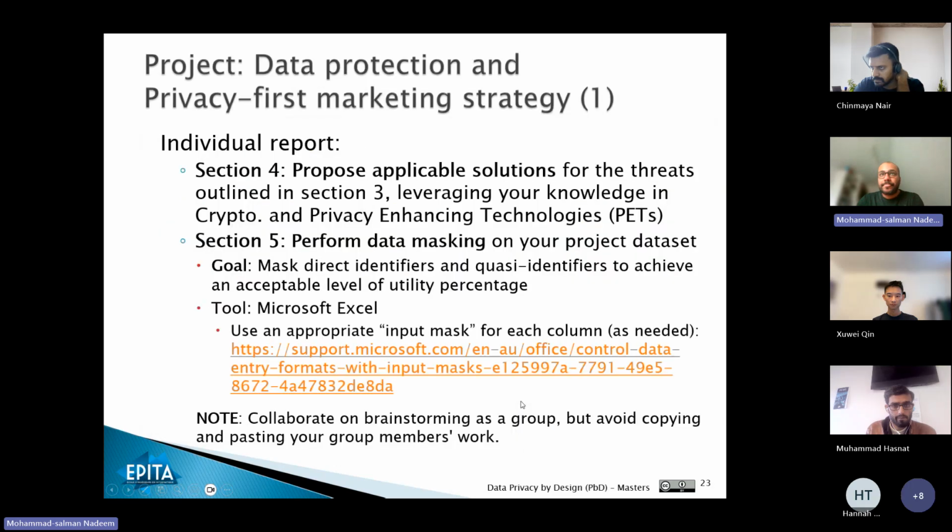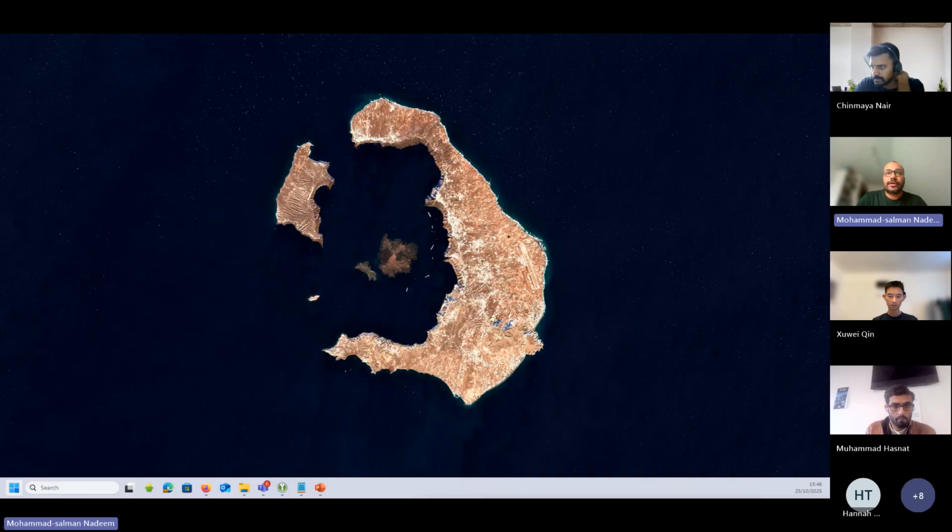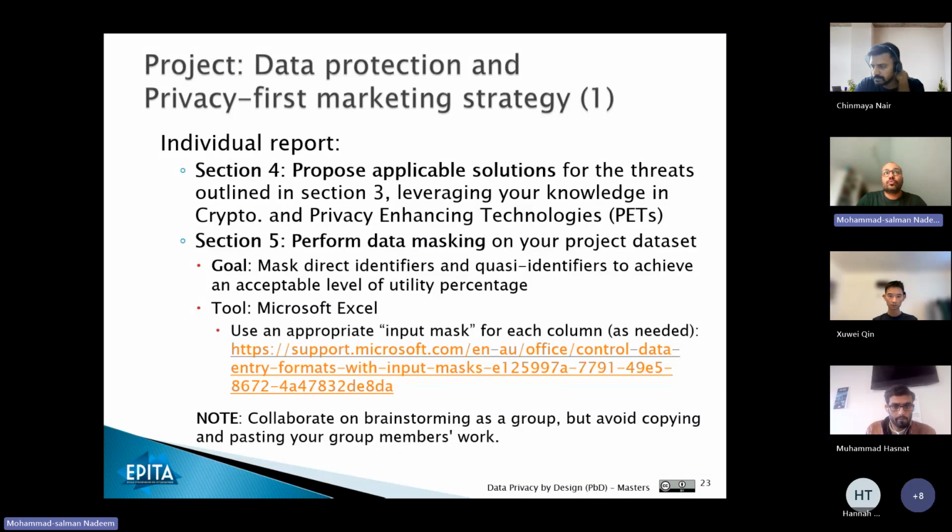I have here an exercise which is essentially the second module that you have been assigned already. And in this second module, you're expected to perform now section 4, where I would need you to use your existing knowledge of cryptography, data masking, and privacy enhancing technology.